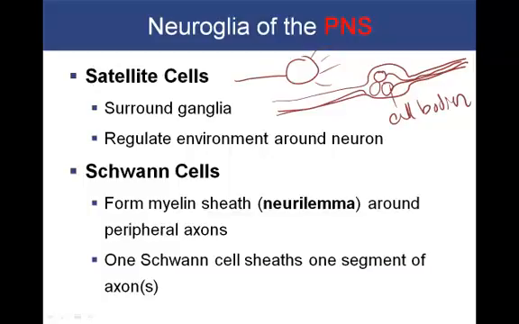One of the main differences between the oligodendrocytes and the Schwann cells is that Schwann cells can only sheath one segment of an axon. So they don't have the ability to sheath multiple axons. They really do dedicate themselves to one.